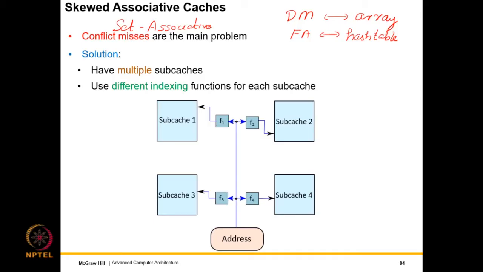Let's say it's a k-way set associative cache, then we are pointed to k locations. We go there and see if the address is there or not. Of course, conflict misses cause a problem. Let's say it's a four-way set associative cache, but there are 5 blocks that map to those 4 ways, then continuously one of them will get evicted, and there will be a timing penalty.